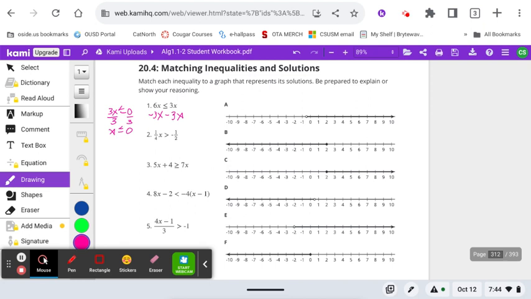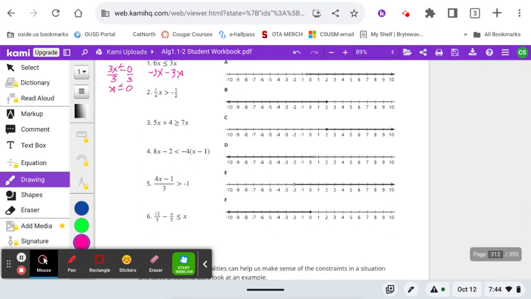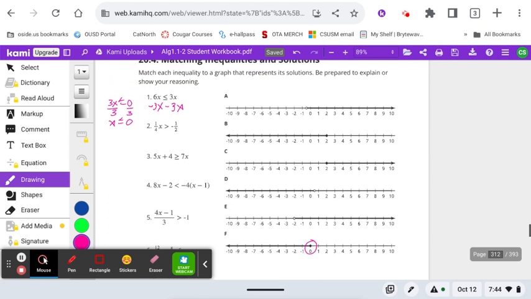So we're going to solve it and then go match it. Where is it shaded? X is less than or equal to 0. So do you see how here we have a less than or equal? And then you're going to match number 1 with F. You can draw a line, whatever, but that one's taken care of.